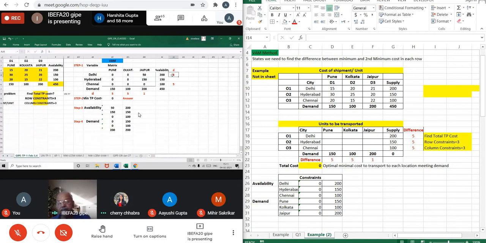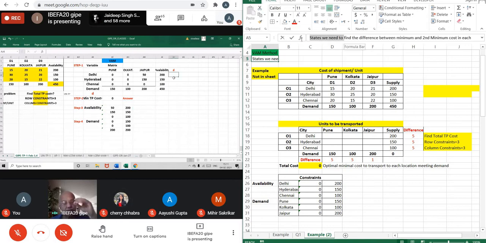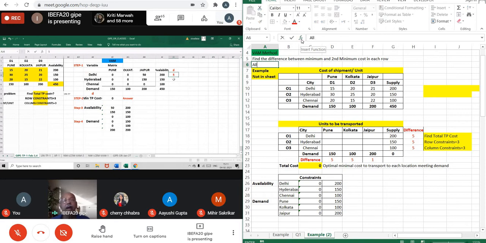Again, the difference will change. After every allocation, the difference will change. So now Jaipur doesn't need a difference. But Pune, Kolkata need 5. Hyderabad, we don't want. Chennai, again I want.